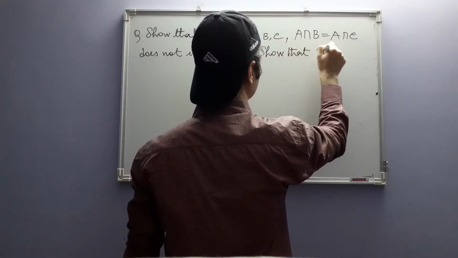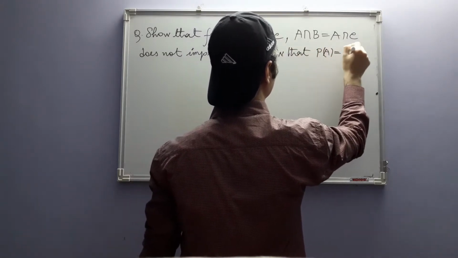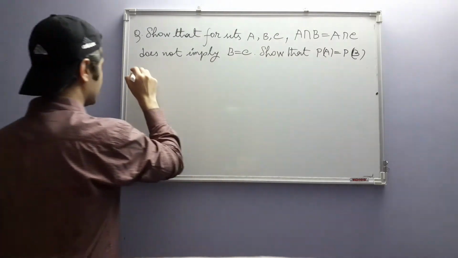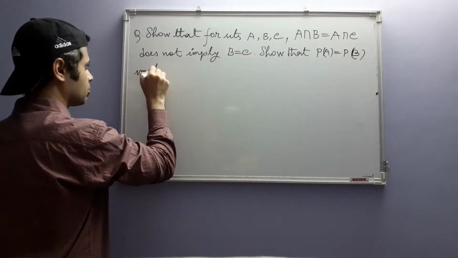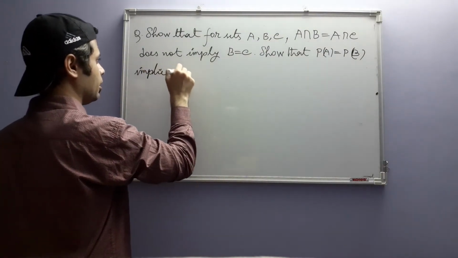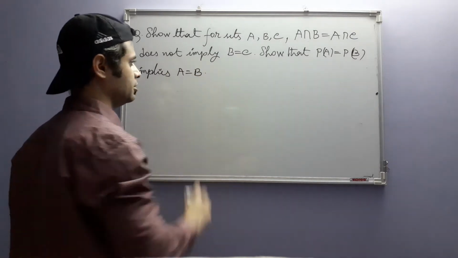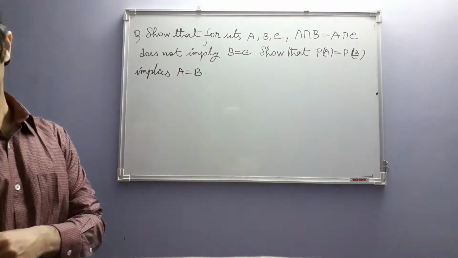Show that PA is equal to PB implies A is equal to B. Okay, this also we have to show.